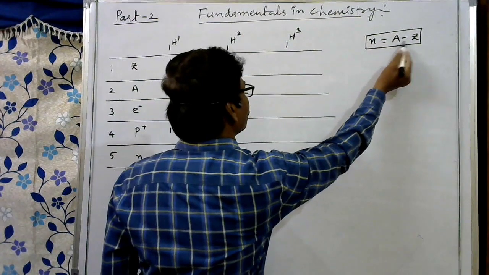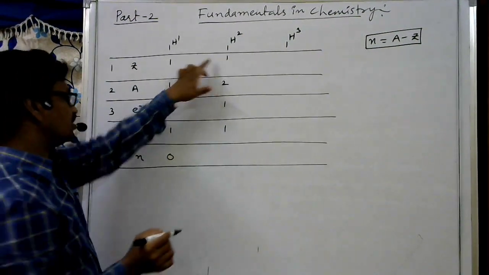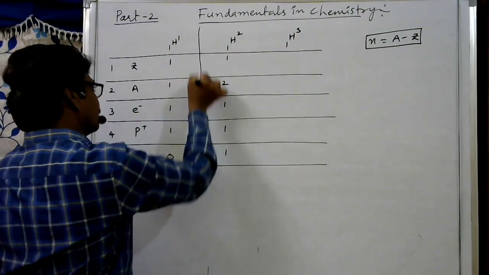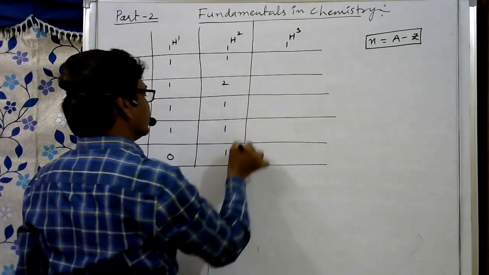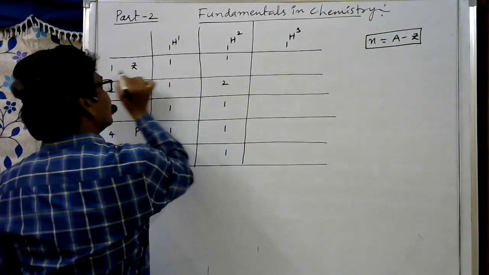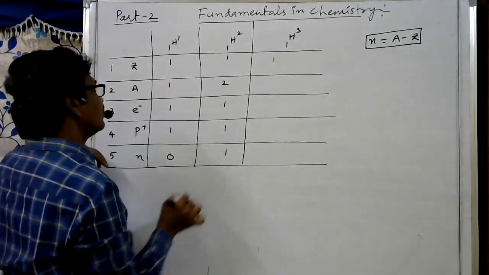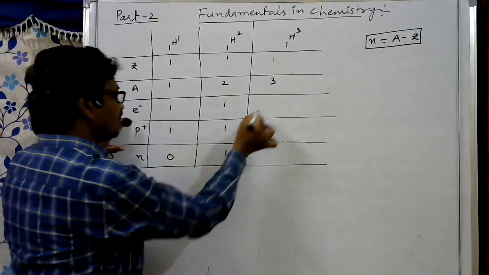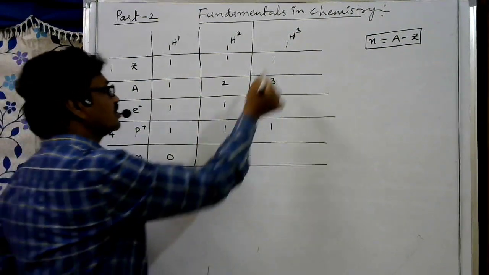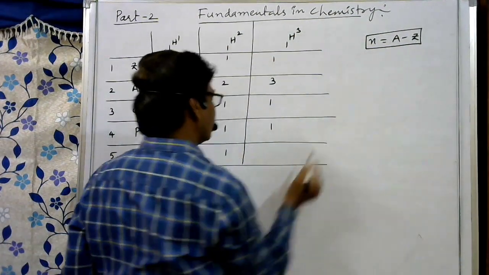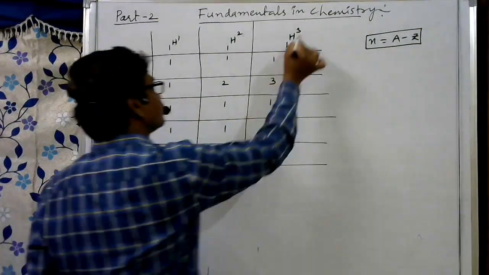Number of neutrons equals A minus Z, which is 2 minus 1, so 1. Then for tritium 1H3, the Z value is 1, the A value is 3, number of electrons 1, number of protons 1, and number of neutrons is 3 minus 1, which is 2. So these are the different properties of isotopes.